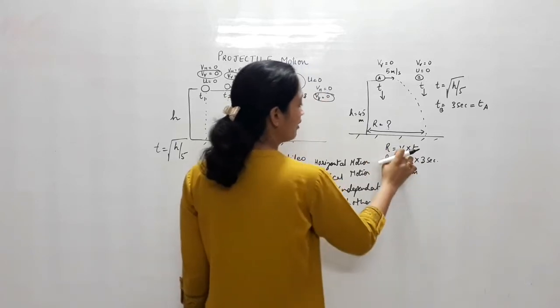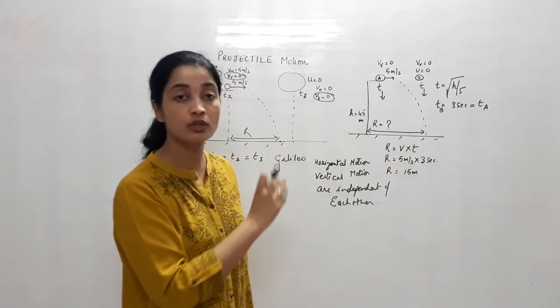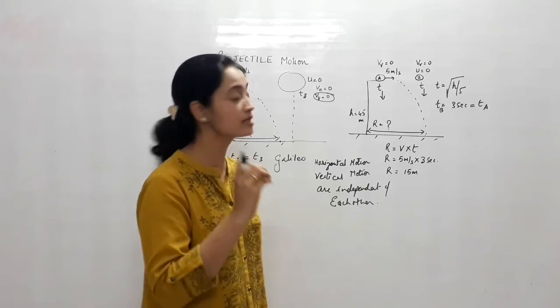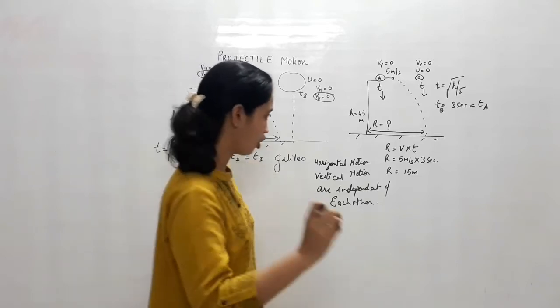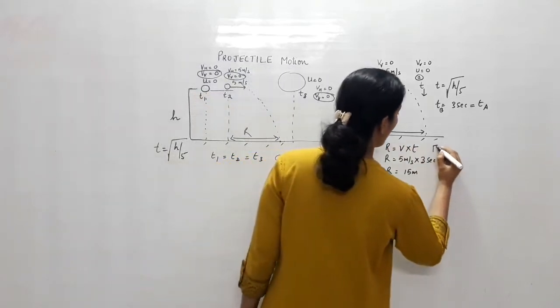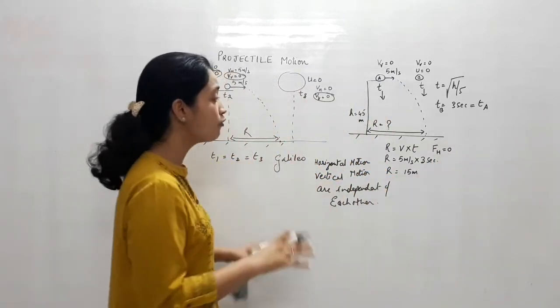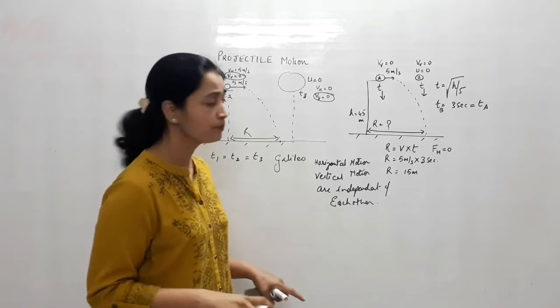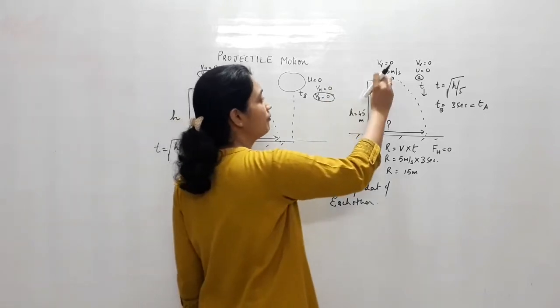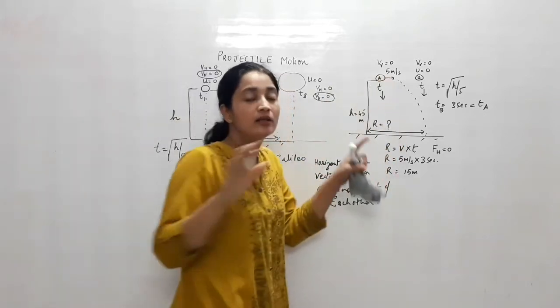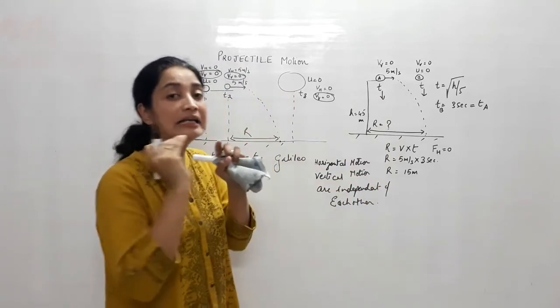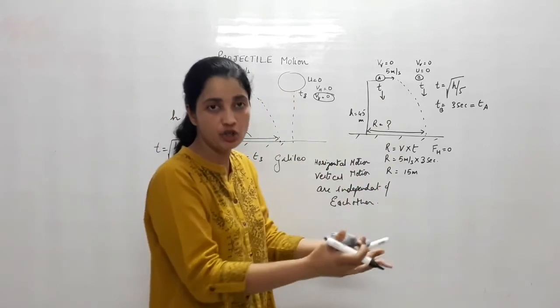Now one thing, why we have used this formula and we have not used the formula of acceleration, that is ut plus half at square, because in this situation, the force in the horizontal direction is 0. We need to understand, there is no force in the horizontal direction. Once you throw and then let go, you are not continuously supplying the energy to the body.